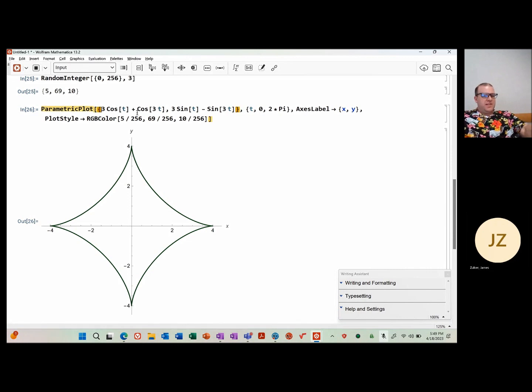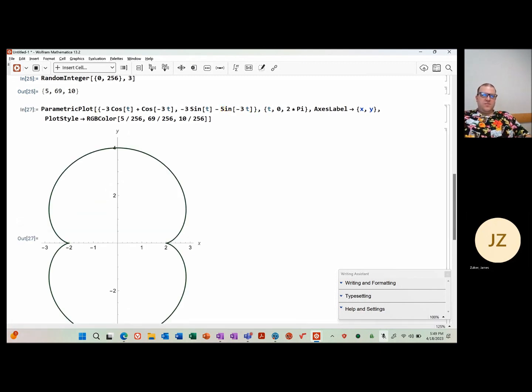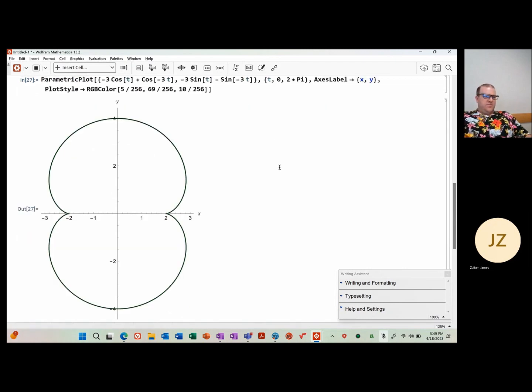Now, what's going to happen if instead of 3, it's -3? We get this. Which for some reason I imagine is like an open toilet seat.